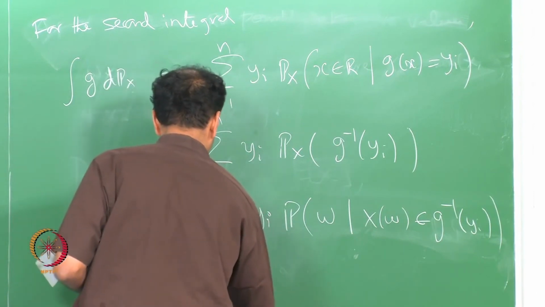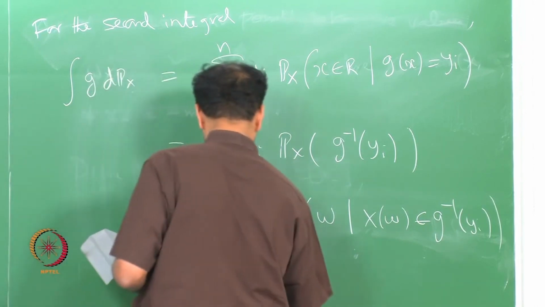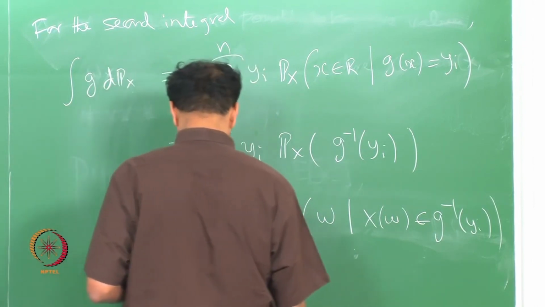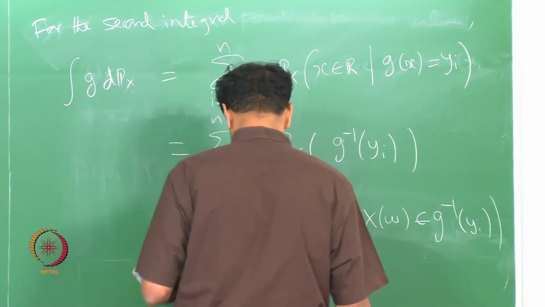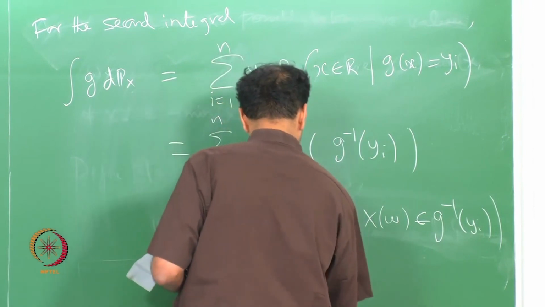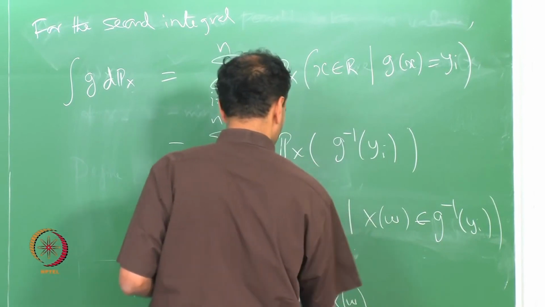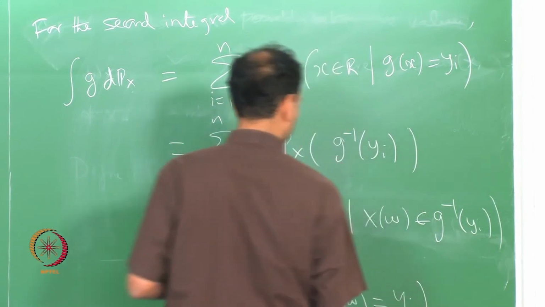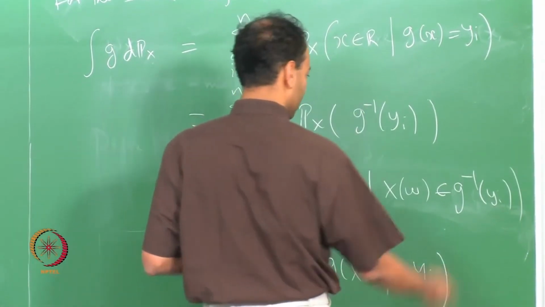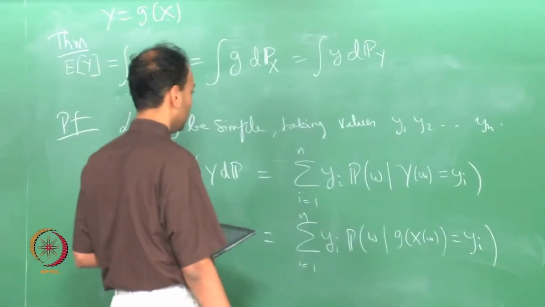This is equal to the sum over i equals 1 through n of little y_i times the probability of omega for which g of x of omega equals y_i. So, this is the same as this. These two are equal.